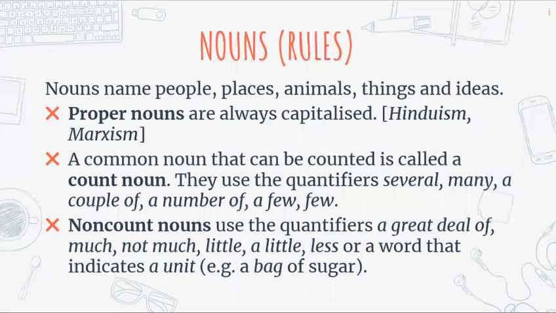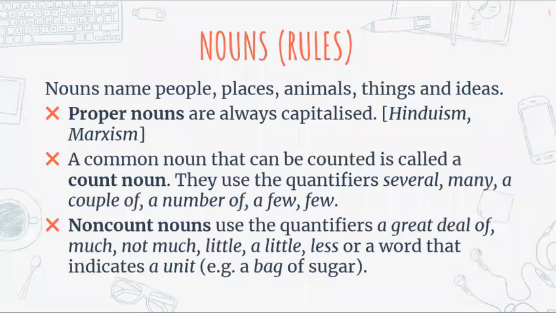Then we have non-count nouns that use the quantifiers a great deal of, much, not much, little, a little, less, or a word that indicates a unit. Example: a bag of sugar. Non-count nouns include advice, sunshine, furniture, internet, equipment. You're very likely to run into problems with non-count nouns, especially furniture.